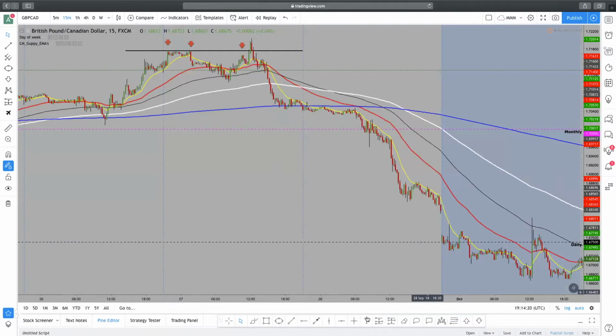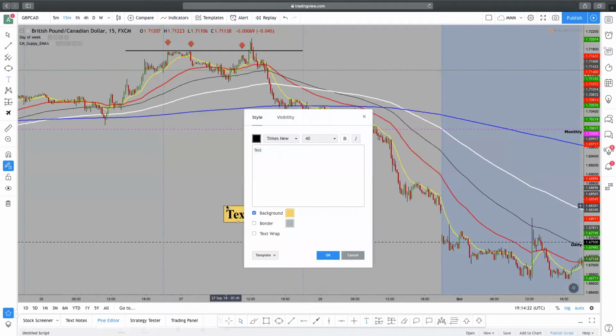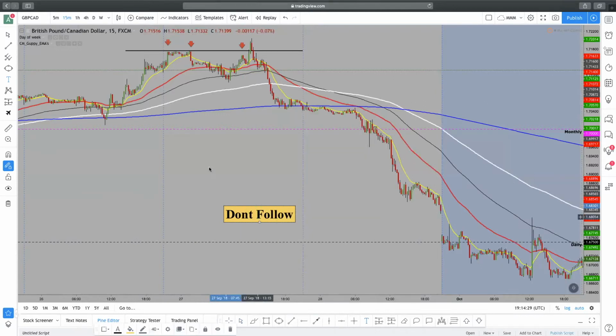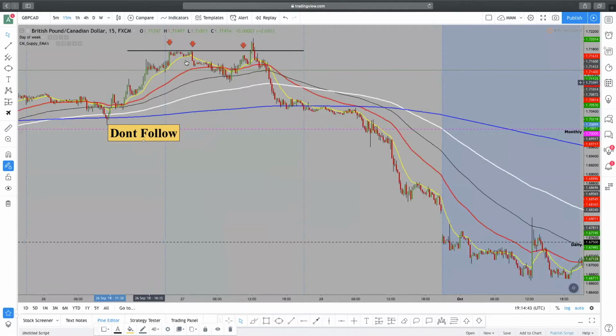The base thing I want to tell you here: don't follow. That's the main thing. Do not follow anything, anybody. Just yourself.